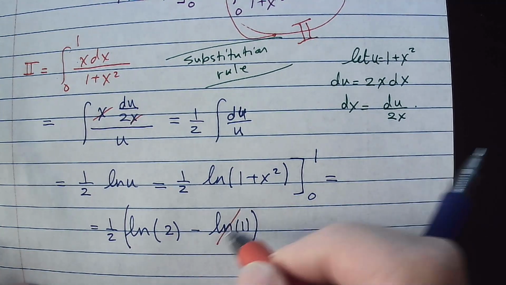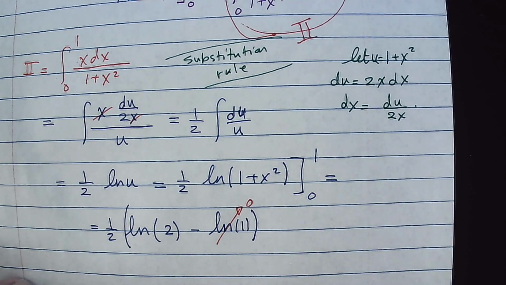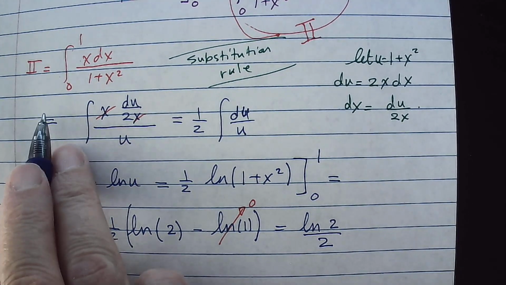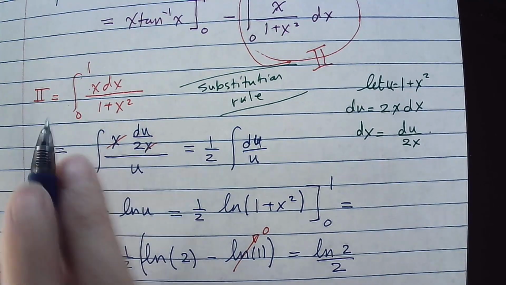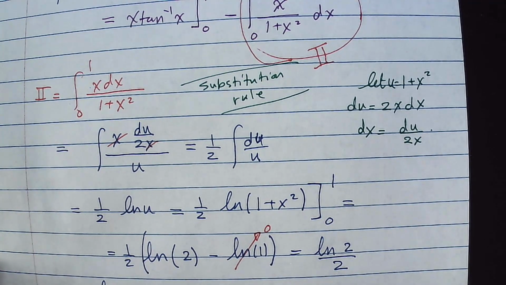Ln 1 is 0. So I have only ln 2 over 2. This is the integral number 2. So 2 is ln 2 over 2. Okay.